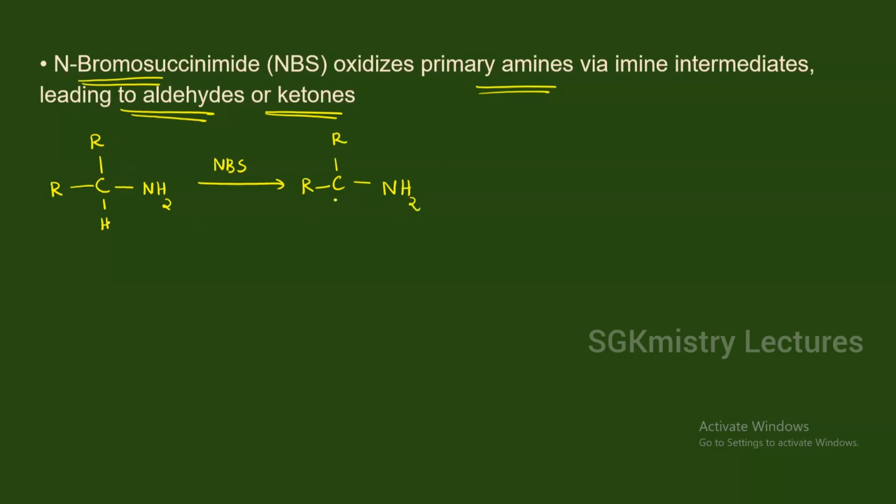Now, this will be converted into the free radical, right? Homolytic cleavage takes place, you get a free radical. Now here there will be a bromo free radical. Because of which, these two electrons will pair up, and this becomes plus, because the electron is lost from carbon, whatever one electron was there, that is lost.